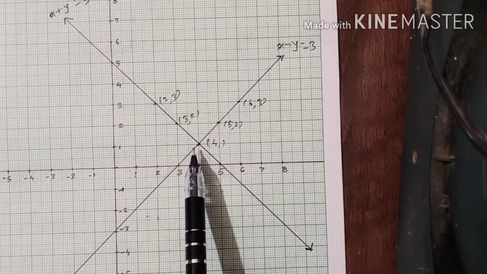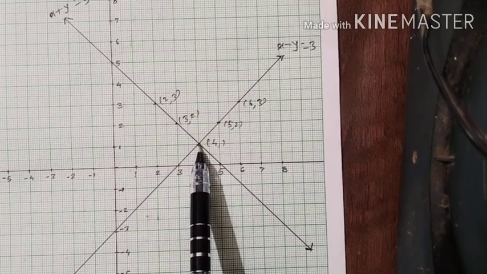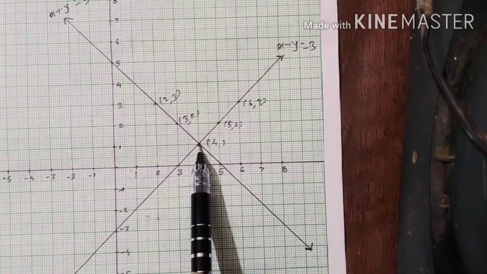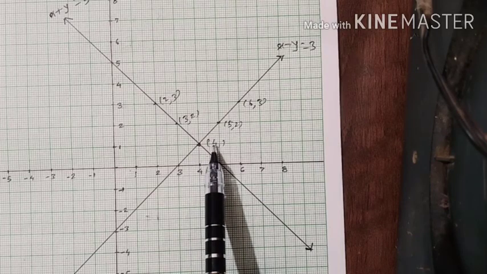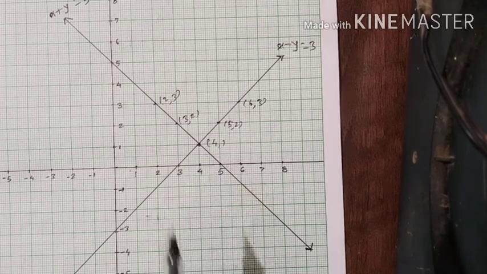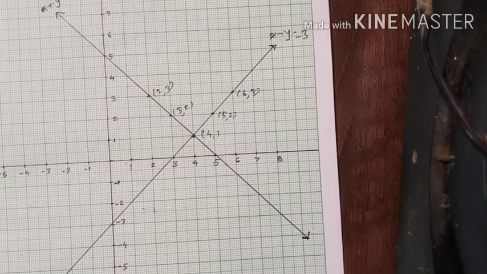Here it is the point of intersection where these two lines intersect, and the graphical solution of these two equations is that 4 comma 1 is the solution of these two equations.